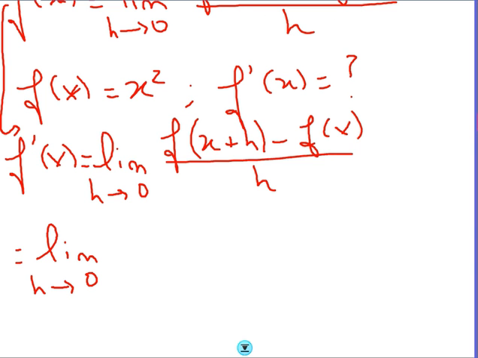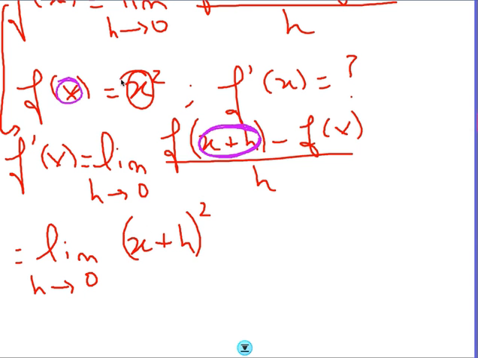Now for f of x plus h, you have to replace x in your function by x plus h, so it becomes the limit as h tends to 0 of x plus h squared. I just replaced x by x plus h to the power 2 because it is of power 2, minus f of x.